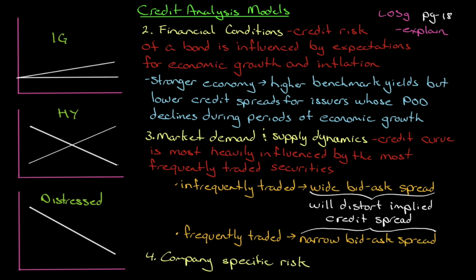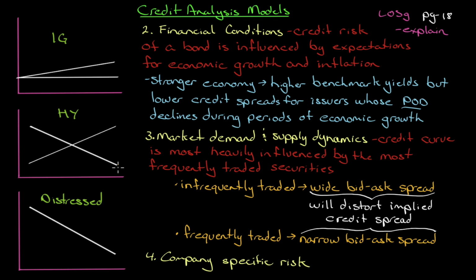All right, beyond credit quality, we have three more determinants of the term structure of credit spreads: financial conditions, market demand and supply dynamics, and company-specific risk. Already sort of touched on financial conditions on the previous screen. Credit risk of a bond is influenced by expectations for economic growth and inflation. So if we have a stronger economy, you will have higher benchmark yields, but you will have lower credit spreads for issuers whose probability of default declines during periods of economic growth.